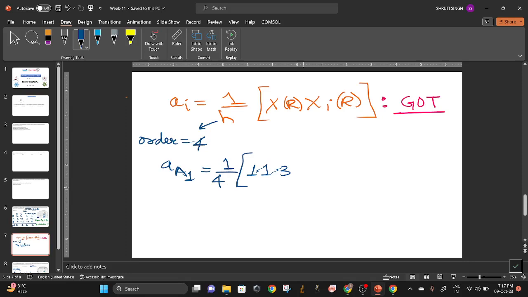One. Yes, it has to come 1. So on, it will be equal to 1. Now check a of a2.